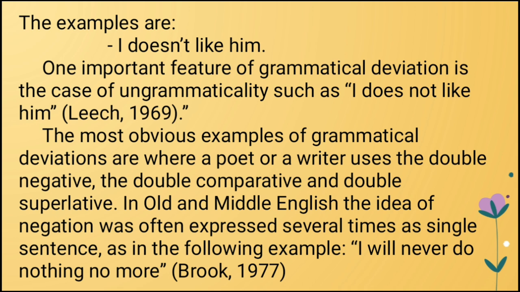For instance, in the phrase I will never do and the phrase nothing no more, there is a double negative. So it's an example of the double negative type of grammatical deviation. In Old English, it was particularly used and accepted because the focus of foregrounding is just to make a word or sentence stand out in the literary text.